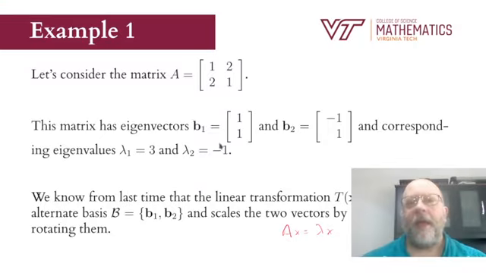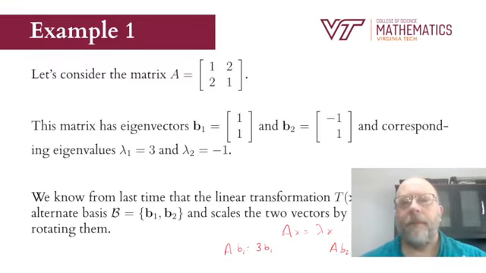And so A times B1 is equal to 3 times B1, and A times B2 is equal to negative 1 times B2. So we already know this about this linear transformation. This is exactly what eigenvectors and eigenvalues do, it allows me to replace the A with a scalar.